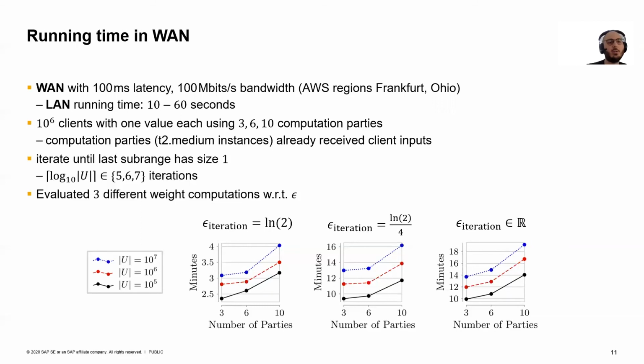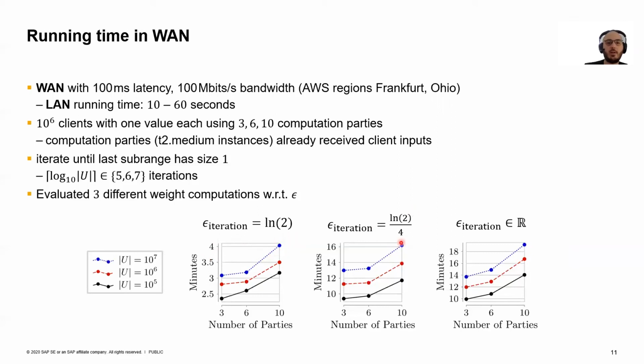We just show it to show how the computation overhead would increase if the clients choose to use more computation parties. So we iterate until the last subrange has size 1, which is the largest number of iterations we perform, and evaluated 3 different weight computations. If we use an epsilon of ln 2 per iteration, you can tell that even for 1 billion records and 10 computation parties, we only require 4 minutes in a real-world setting.